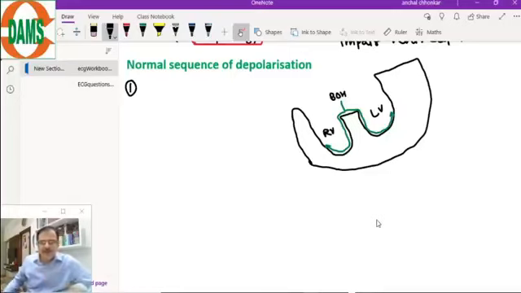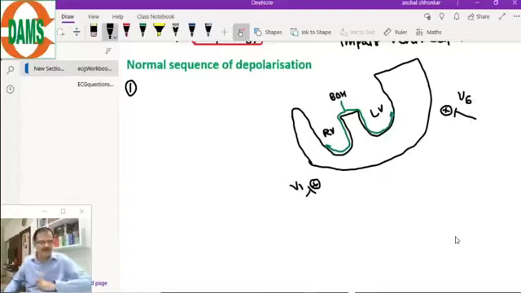Now I will take the extreme leads. One lead is V1, the positive pole of V1, and here the positive pole of V6, or V5.